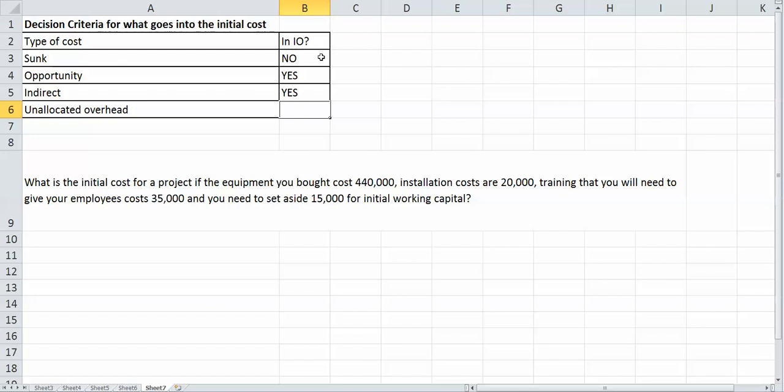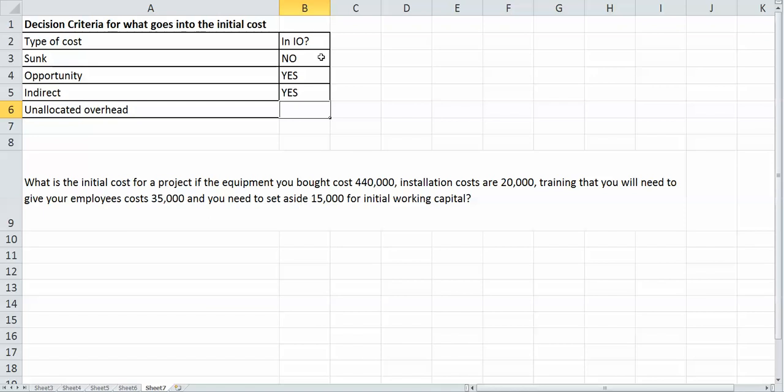Lastly, we have unallocated overhead. Now think of a plant again, the same plant that we were talking about with the machine. It's a big plant. And you are going to heat this plant always, right? Say we live in a very cold climate and we constantly need heat. Well, you're not going to just section off the plant. The whole thing's going to be heated. So that cost is kind of fixed in a sense.